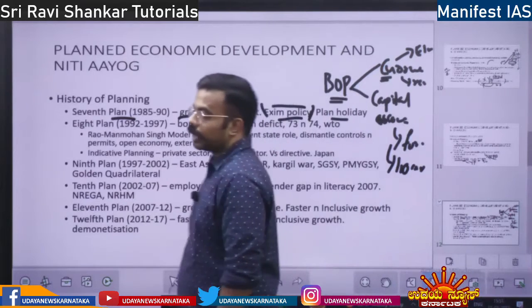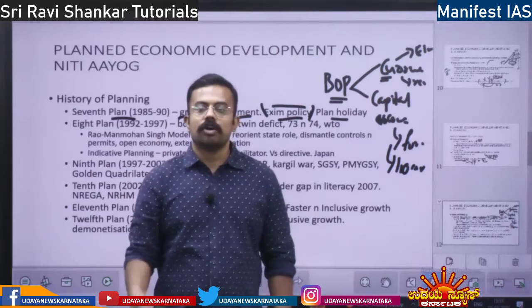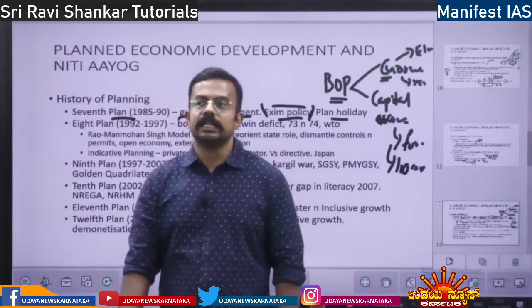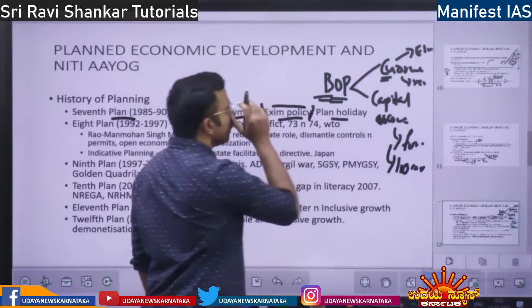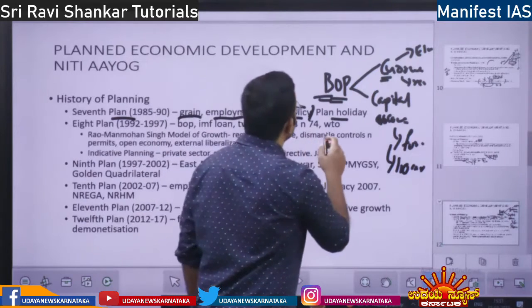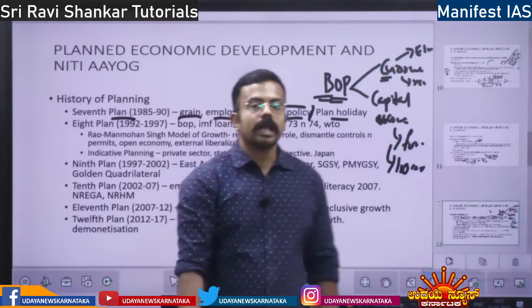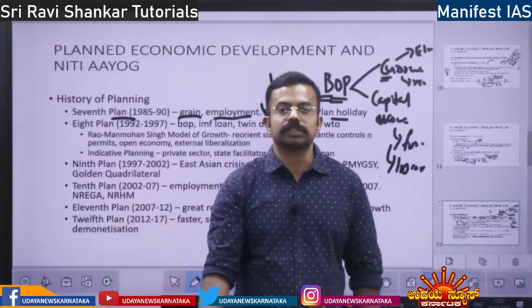Here in the BOP crisis, this should be balanced. If imports are equal to exports there will be balance, or if exports are more, it is good for the country. Here there is an imbalance. How? India has to mandatorily import oil, because India doesn't have oil resources.